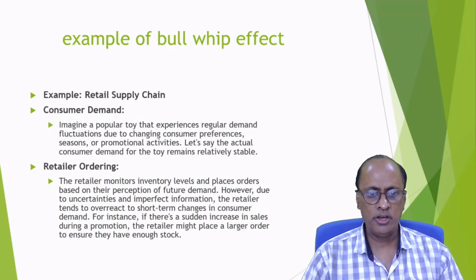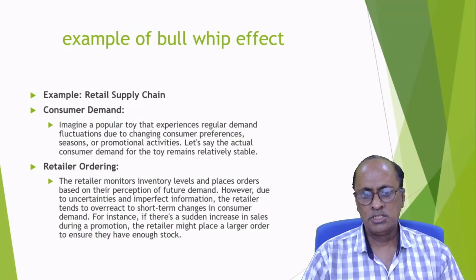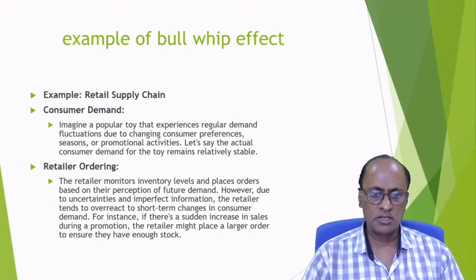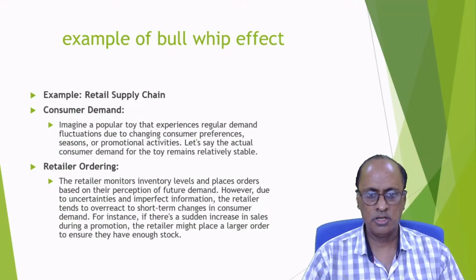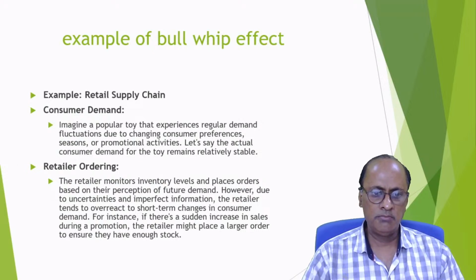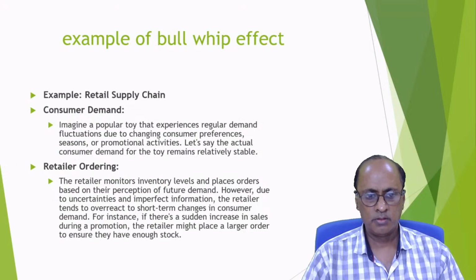Imagine a popular toy that experiences regular demand fluctuation due to changing consumer preferences, seasons, or promotional activity. Let's say that the actual consumer demand for toys remains relatively stable. The retailer monitors inventory level and places orders based on the expectation of future demand.